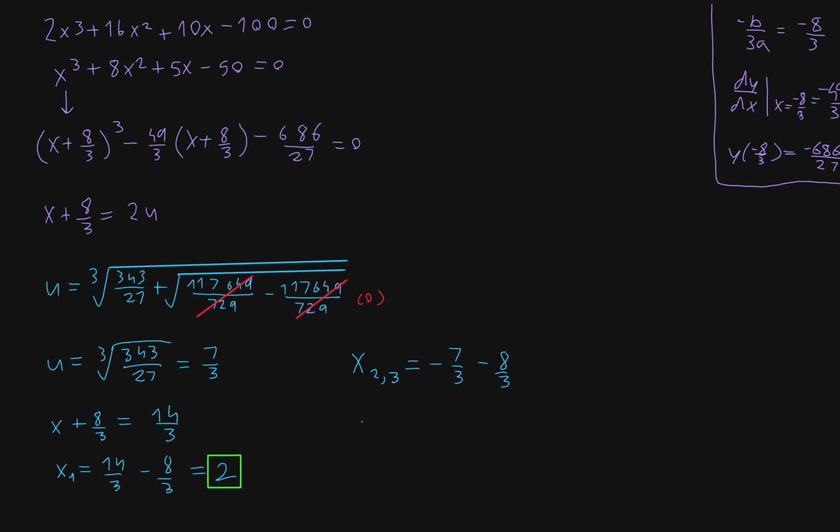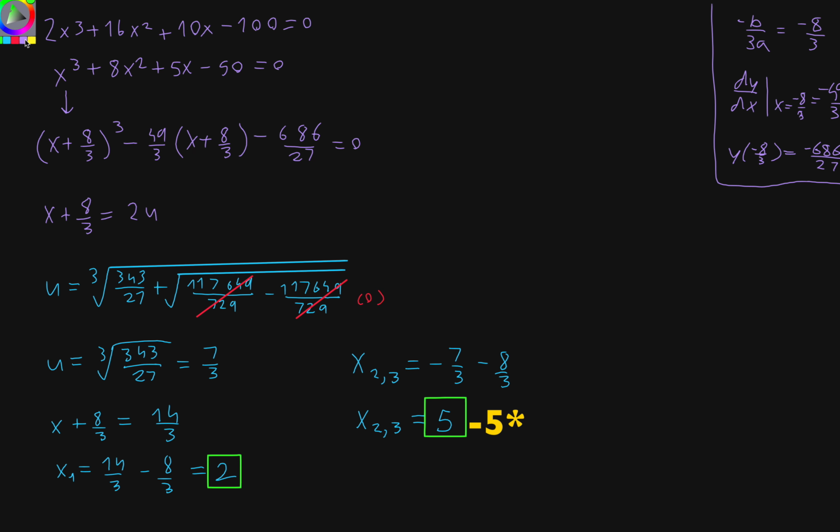And so this is going to simplify to negative 15 over 3. So this is just going to be equal to 5. Nice and simple. So these are the repeated solutions. Let me just box this in. And there we go. So that's for this discriminant case where the discriminant is equal to 0.